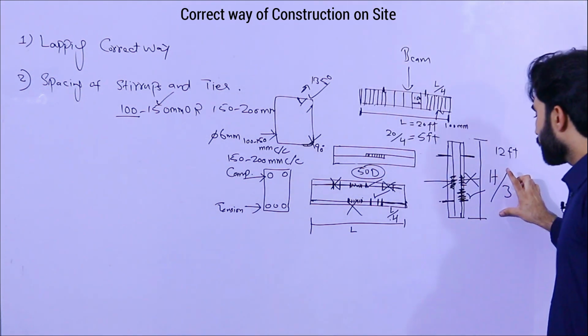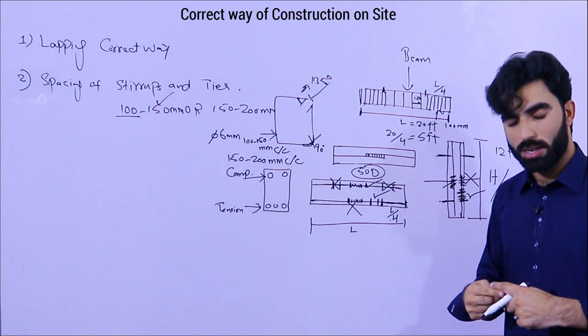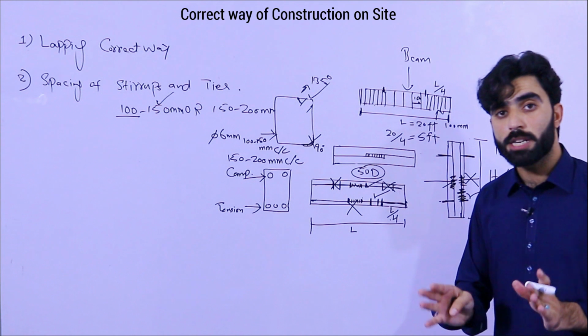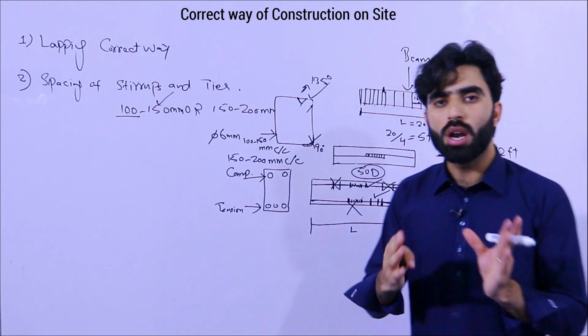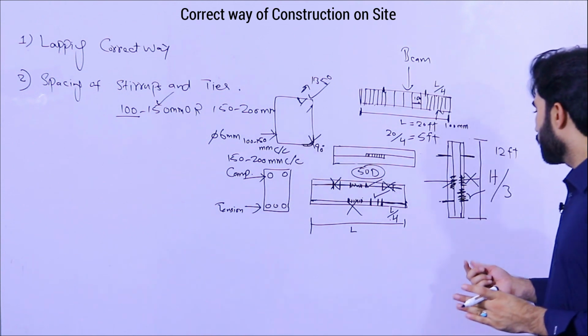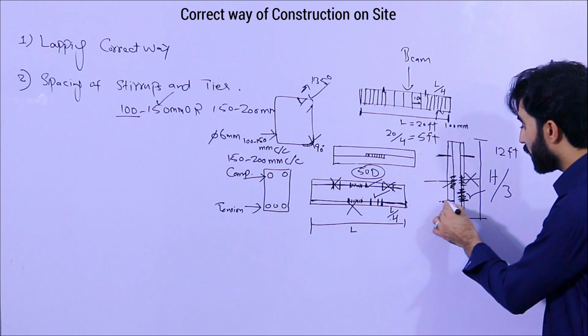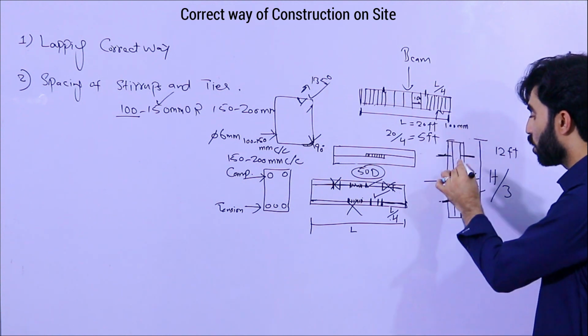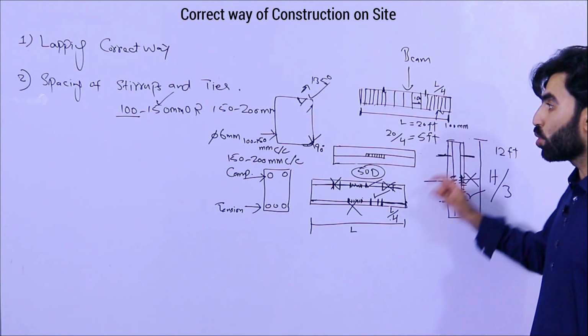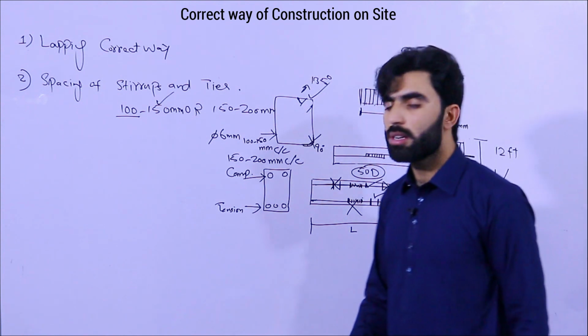And in the column, where we need to provide the lapping, in that place we should provide the ties closely, otherwise it will cause buckling in the column. Or at the bottom and also at the top it should be provided closely. In the lapping zone you should provide closely, same like this. So this is the correct way of stirrups.